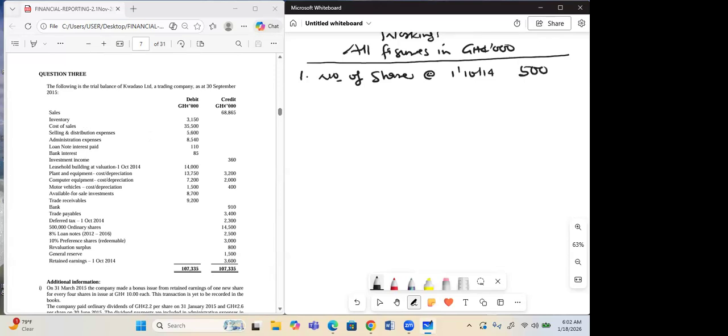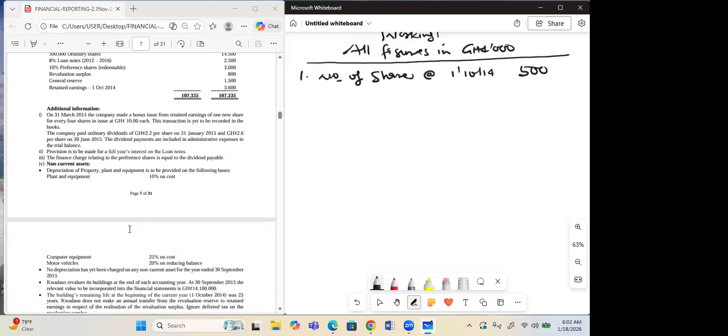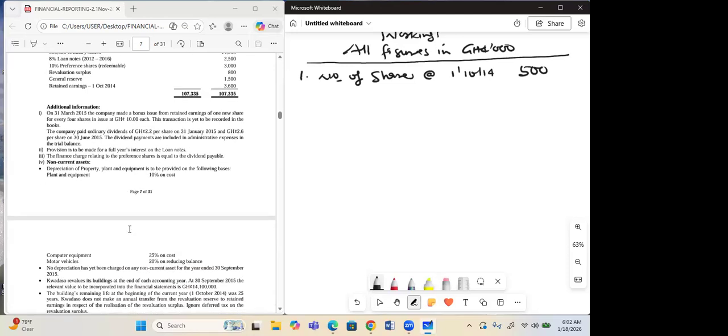Now, he made a bonus issue of what? What was the bonus issue? 1 new share for every 4 shares, right? Yes. So the bonus shares, how many shares are there? 500.